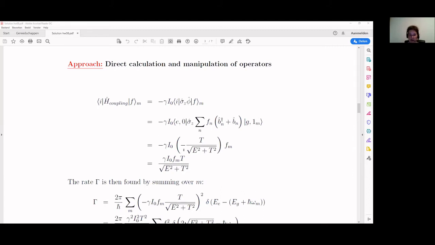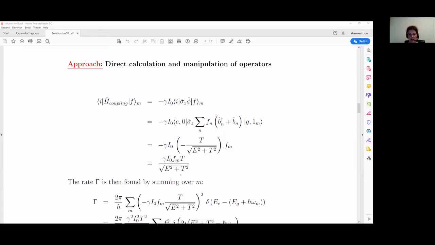Hopefully all the signs are correct. I think they are, a minus here and also a minus here. And then there is this Fm, which is the only coefficient left that yields something finite. And writing it a little bit more nicely, I end up with this expression for this coupling matrix element.